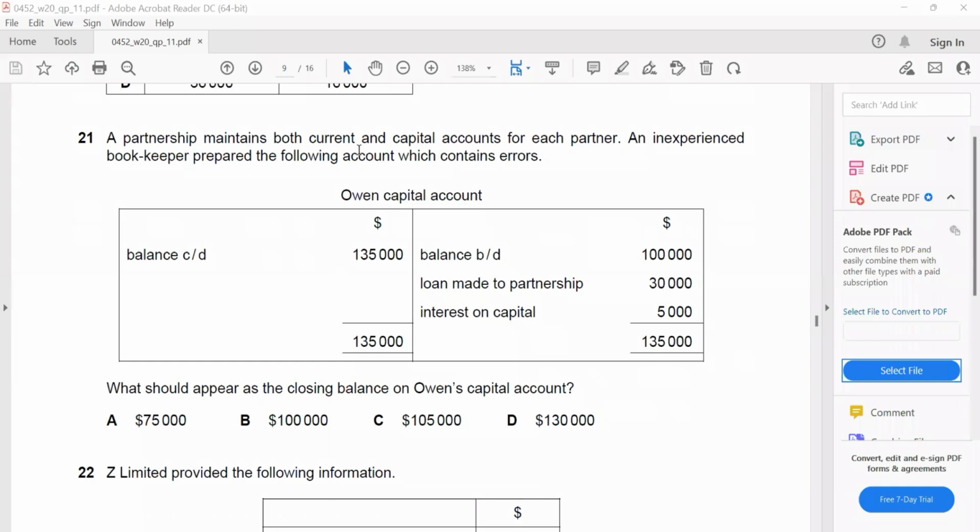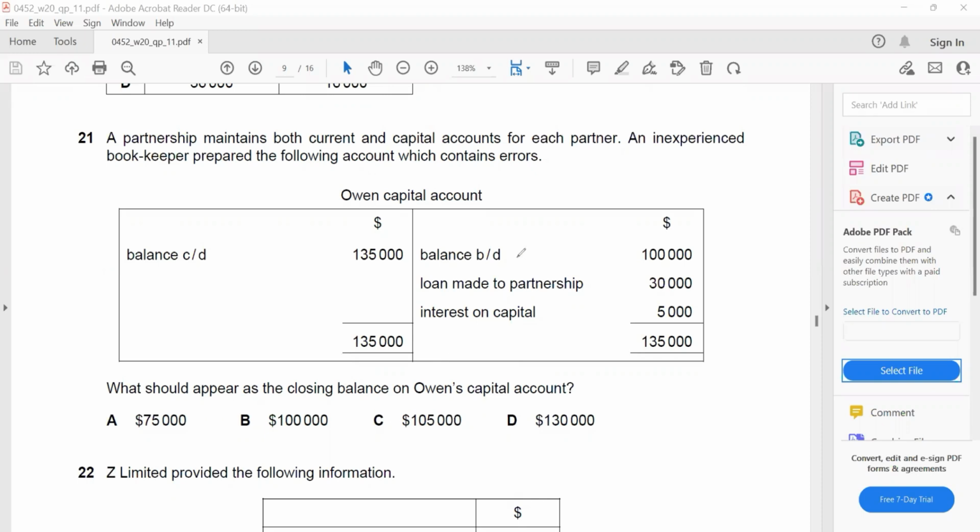Okay, question 21. A partnership maintains both current and capital accounts for each partner. An inexperienced bookkeeper prepared the following account which contains an error. This is the capital account. What should appear as the closing balance?